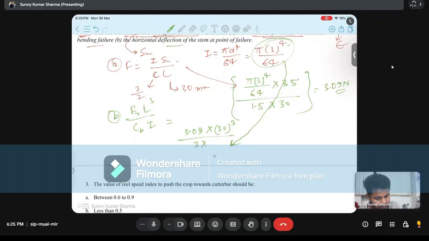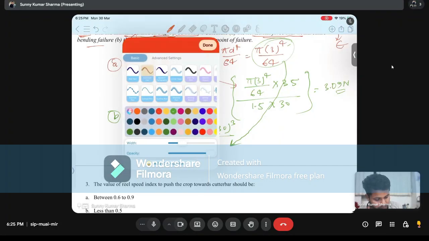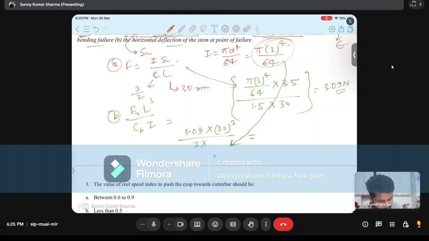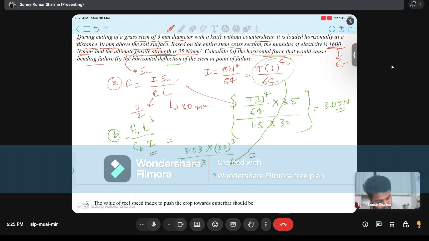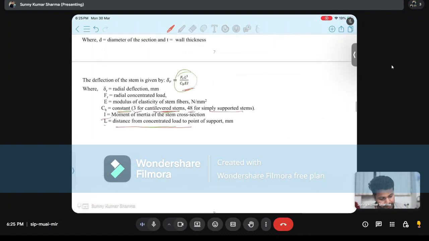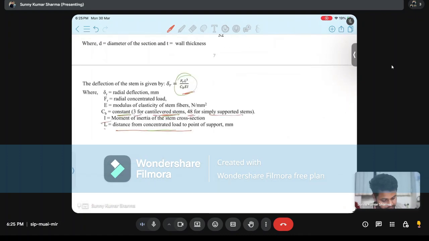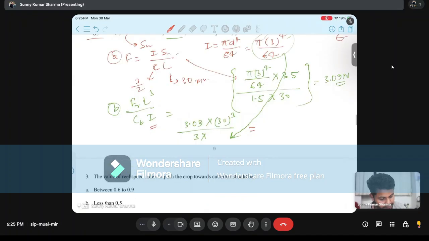Sir, unit of L will be in millimeter only, no? Yes, everything you can put in millimeter. Sir, deflection will come as 7132.8.